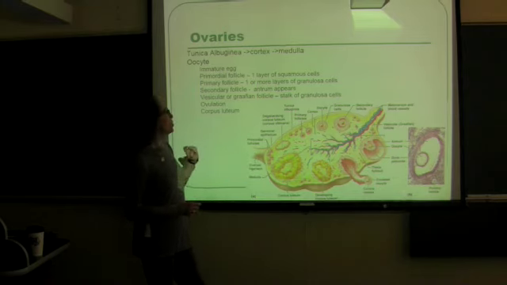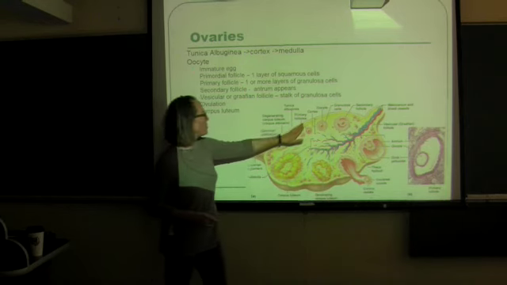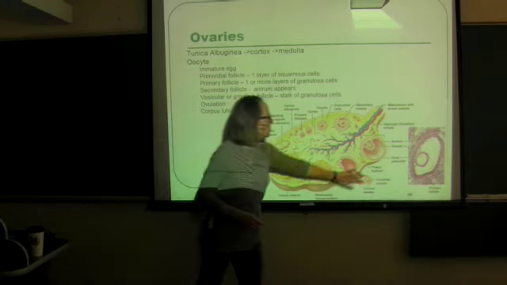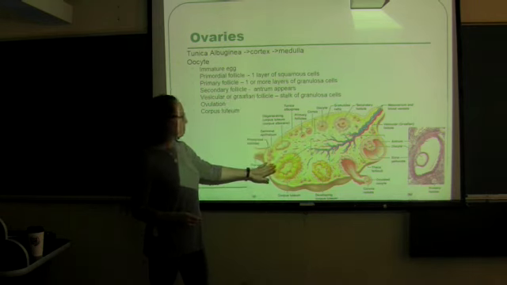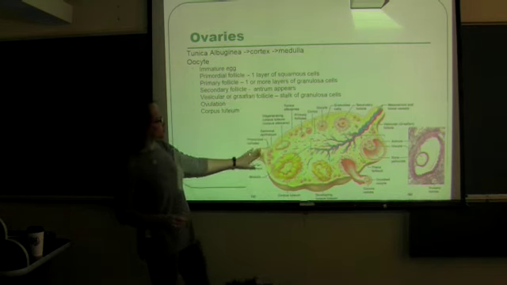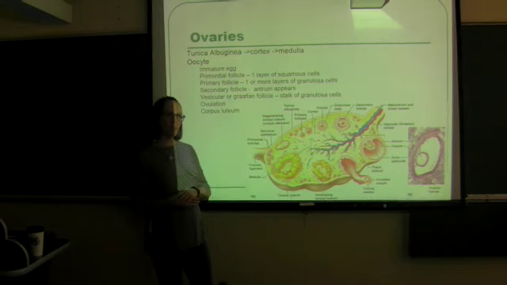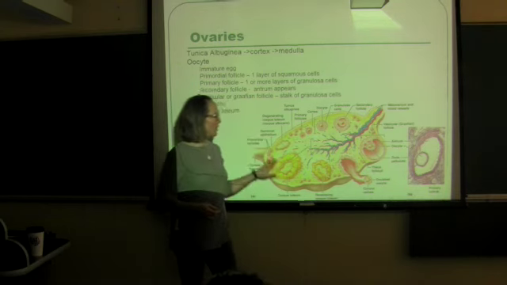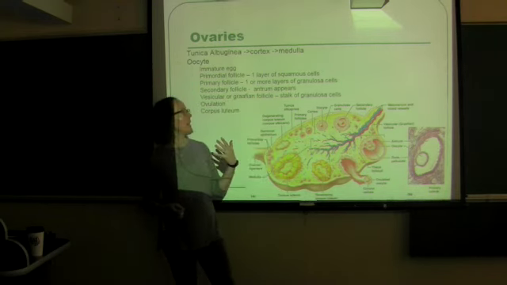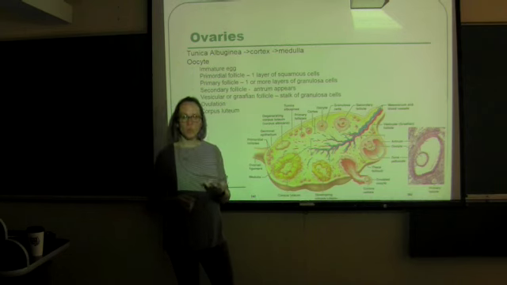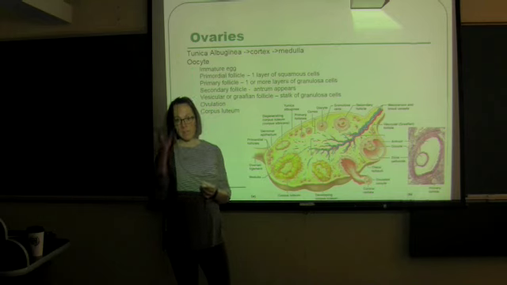Okay, so tunica albuginea is going to be the layer that is around this ovary, okay? It surrounds the cortex. The cortex would once again be the outside of the ovary, okay? And the outside of the ovary is where the oocytes are. Are you with me? That's where they are.